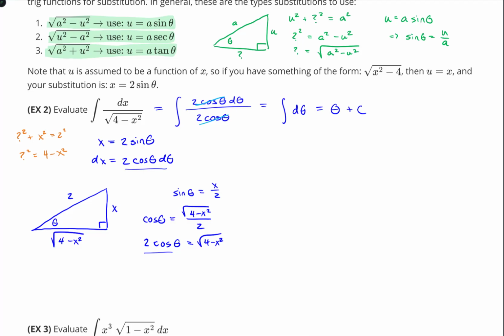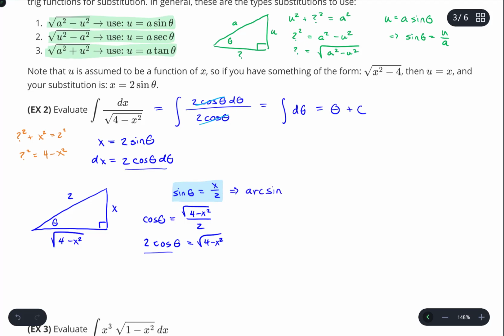So to do that, I go back to my triangle and figure out how to make that work. But in this case, I'm looking for something for theta. I need to use an arctrig function. So I could focus on this, for instance, because if sine theta is x over 2, then I could conclude that theta is the arcsine of x over 2, because I would take the arcsine of both sides.